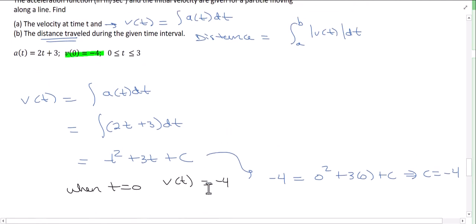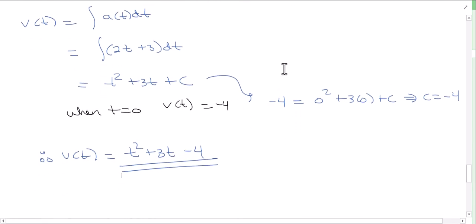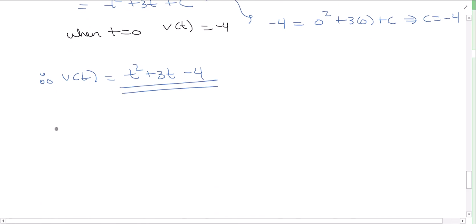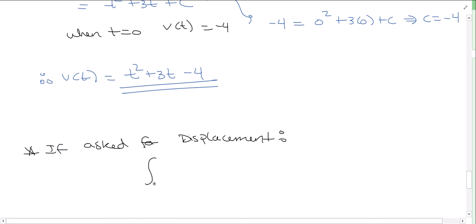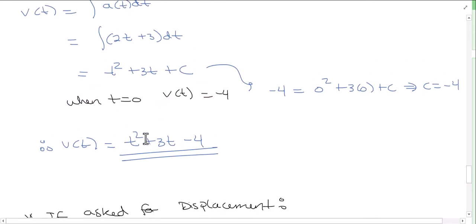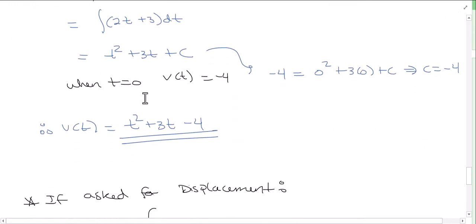And now we can try to find the distance. I know I didn't ask for displacement, but just to practice, if, big if here, you were asked for displacement, what would you do? For displacement, you just do the integral from a to b. So our interval was from 0 to 3.